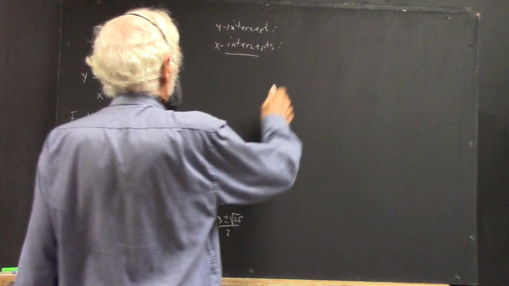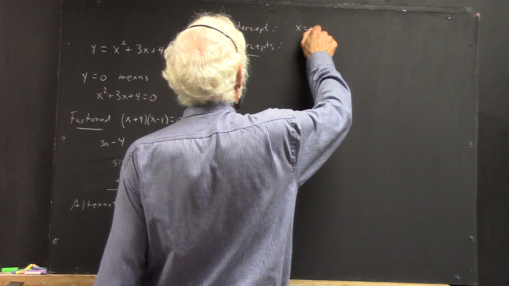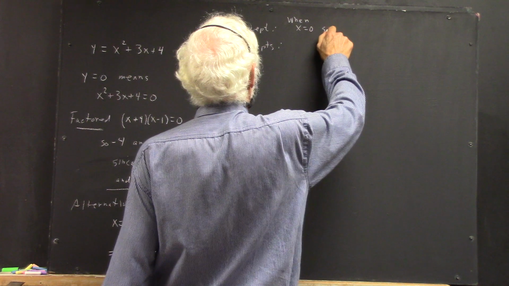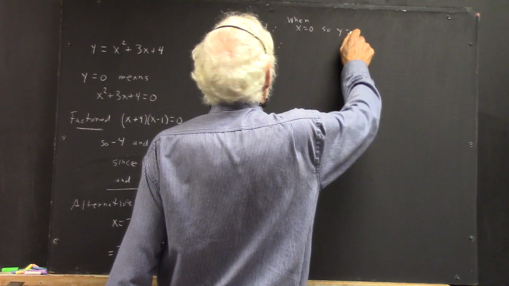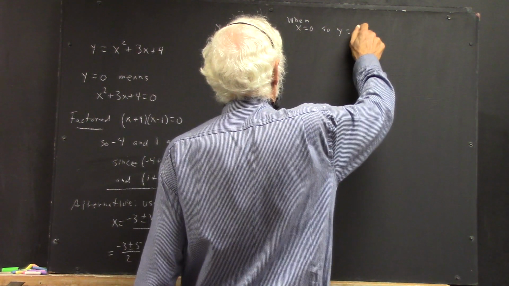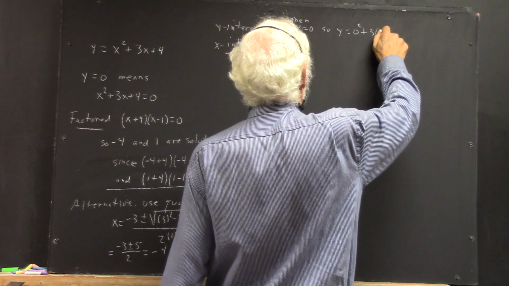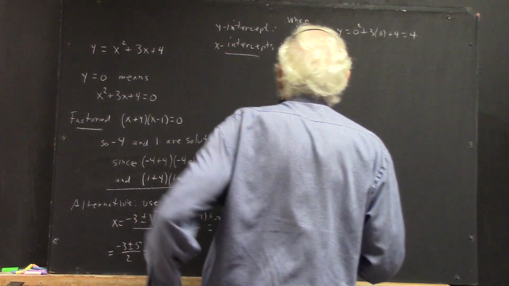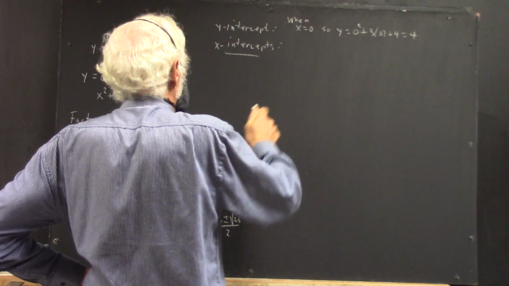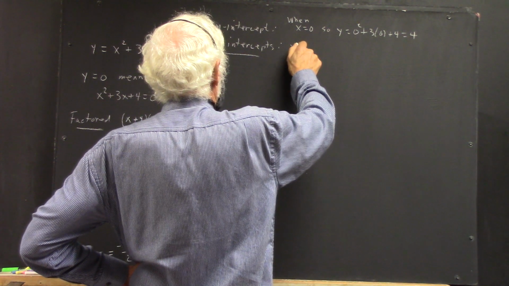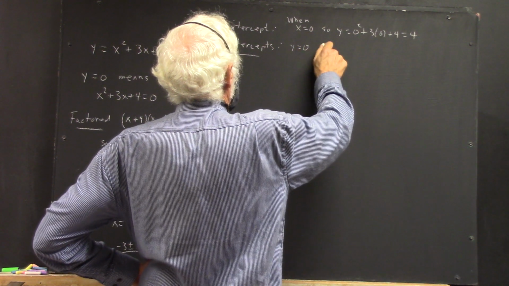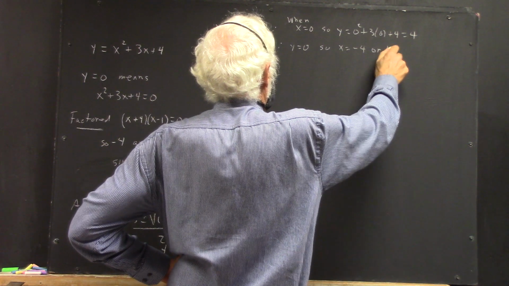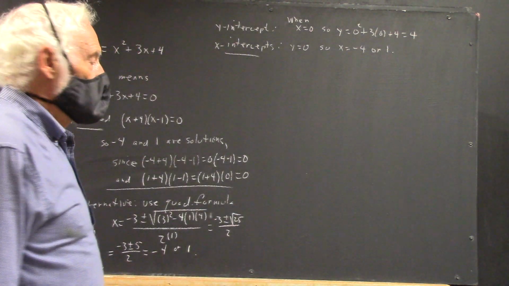The y-intercept occurs when x equals 0. So y equals 0 squared plus 3 times 0 plus 4, which equals 4. And the x-intercepts occur when y equals 0. So x equals negative 4, or 1, right?